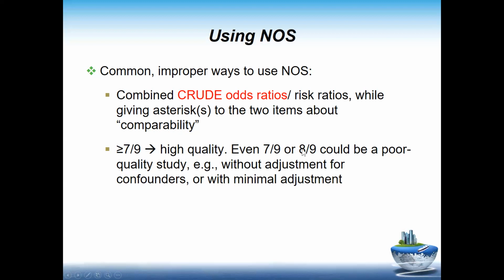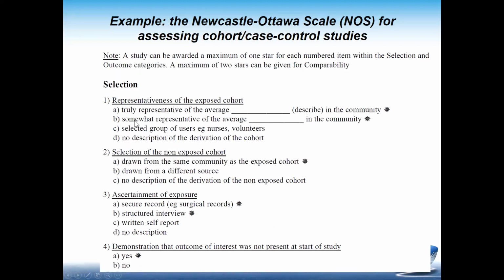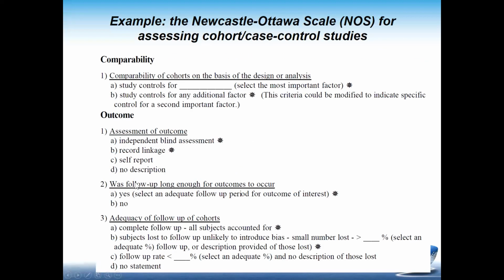For example, a study is doing very well in all the other items except comparability. For the other items, the study gets 4 marks plus 3 marks, which is 7 marks, right? It seems quite high. But maybe the study does not control any confounders, or only controls for 1 or 2 confounders, and all the other important confounders are not controlled in the study.